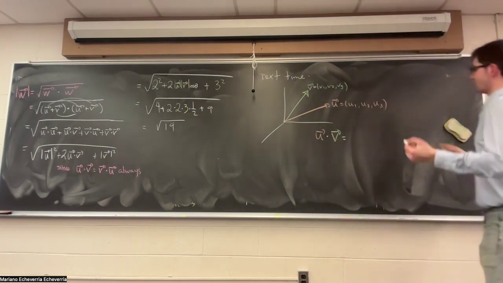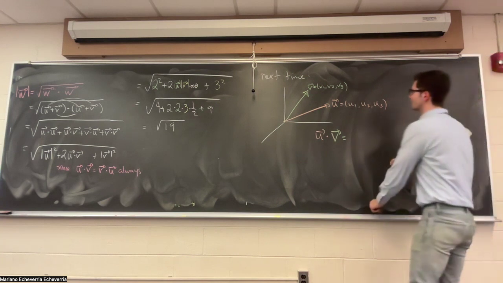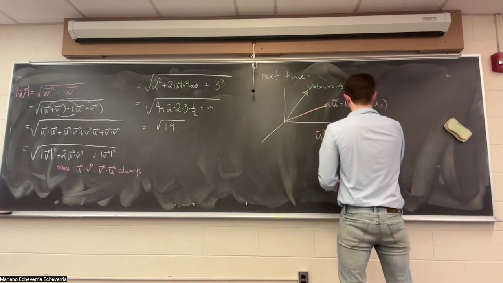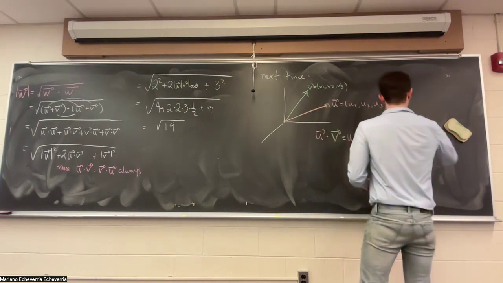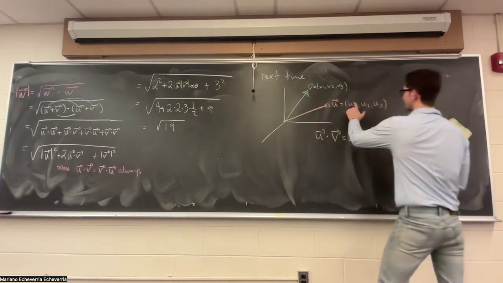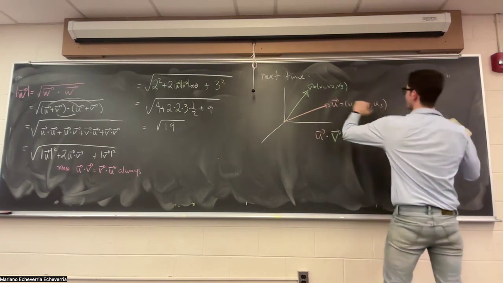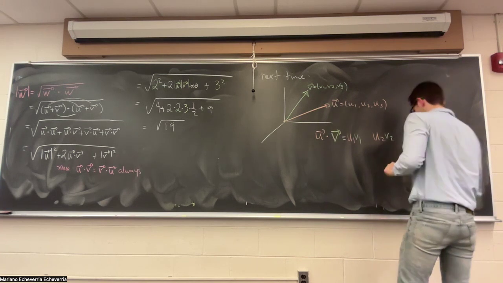What we will find is that U dot V is what you get if you multiply the corresponding entries: the first entry with the first entry, the second entry with the second entry, and then the third entry with the third entry.